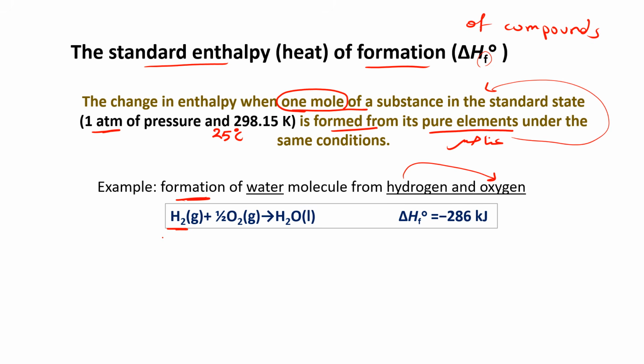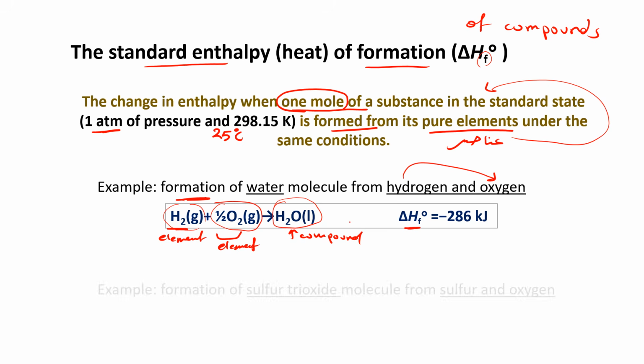So we have hydrogen, this is an element, and here we have an element, and here we have a compound. So the change in this heat, the heat or enthalpy change in this reaction is called the delta H formation, or the enthalpy change of formation. Why? Because we are forming this compound from its basic elements.